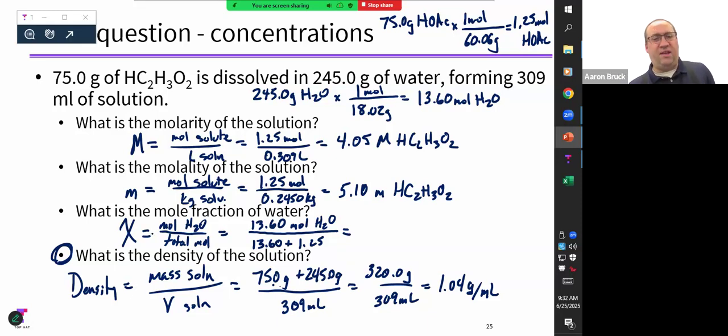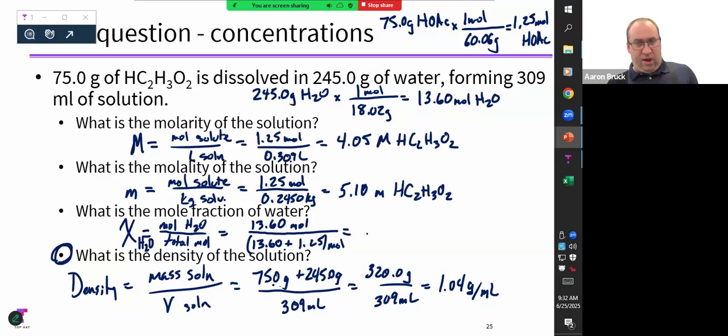And so from a labeling standpoint, mole fraction does not have a unit because the units have canceled. This is moles divided by moles. What we do to label is we would put the substance as the subscript for the mole fraction. So chi sub water would be this value.